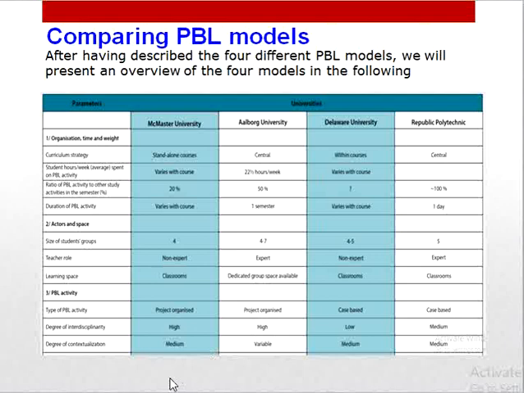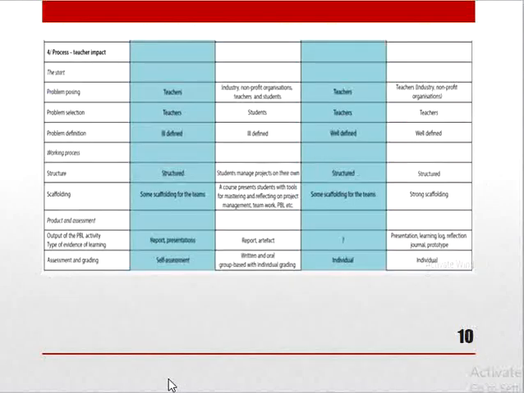Then problem posing: here it is teacher oriented. Then here industry, non-profit organizations, teachers and students, here also teachers, and here teachers, industry, non-profit organizations.